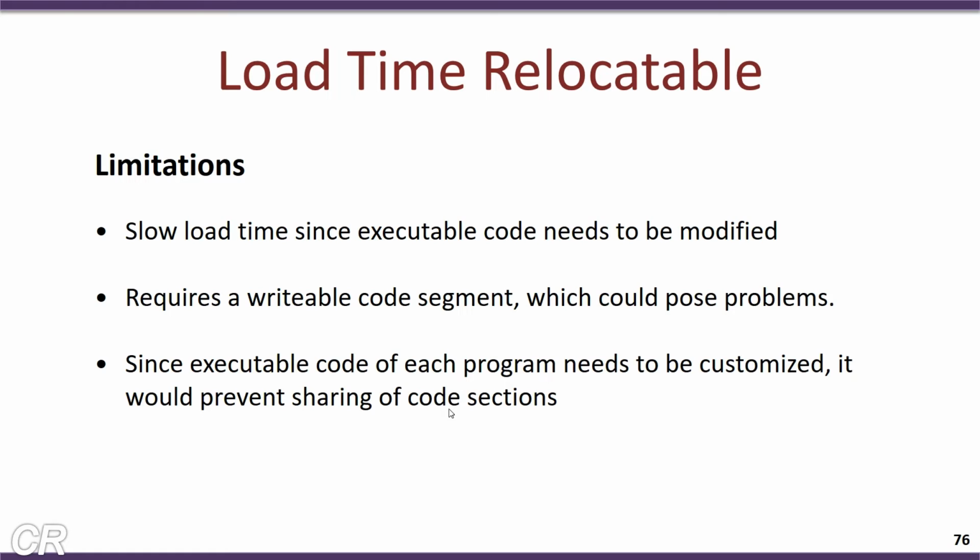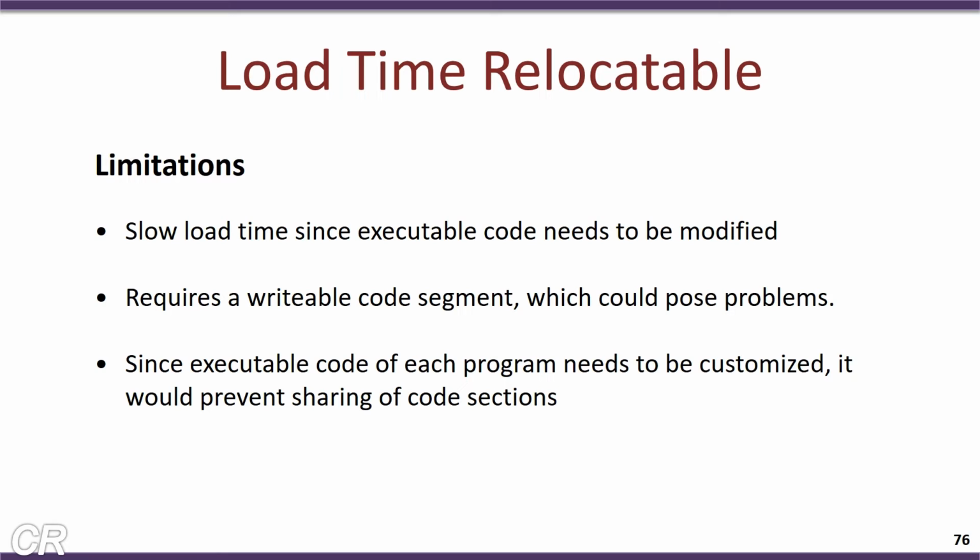We will not go into details about this, but in operating systems there is a process called copy on write, where typically library code is shared between all processes in the system. A further limitation of load time relocatable code is that each program should have its own customized copy of the library. This is not what we want in practice.